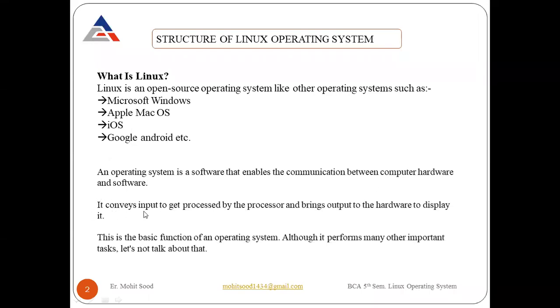It conveys input to get processed by the processor and brings output to the hardware to display it. This is the process of an operating system. This is the basic function of an operating system, although it performs many other important tasks.